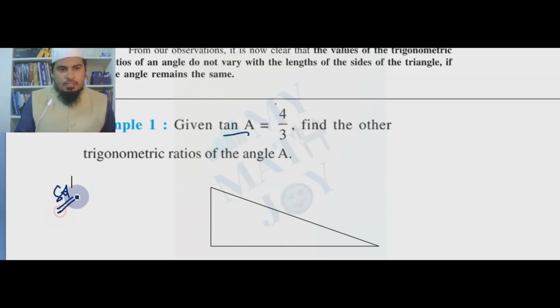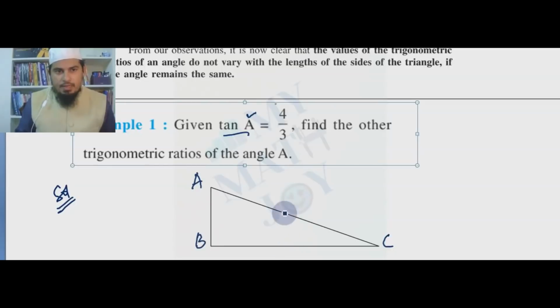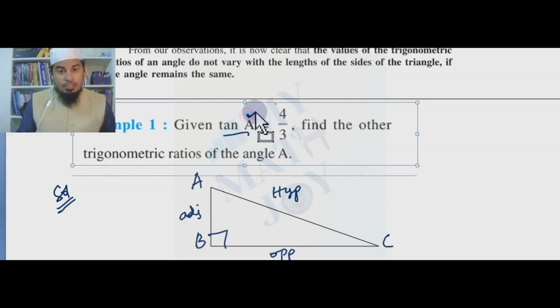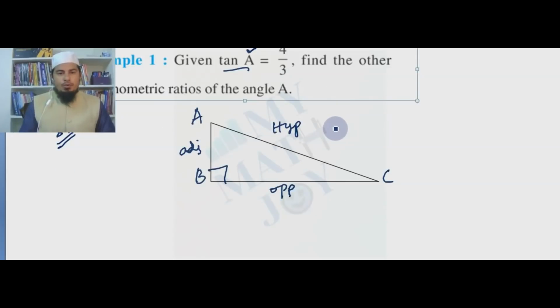Solution: a right angle triangle where I want my A to be here. Tan A tells us that we have to understand the sides with respect to A. Here is my A, this side is the adjacent side, this side is the opposite side, and this is the hypotenuse.